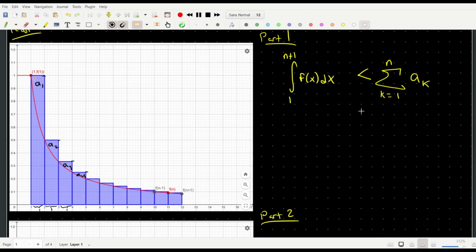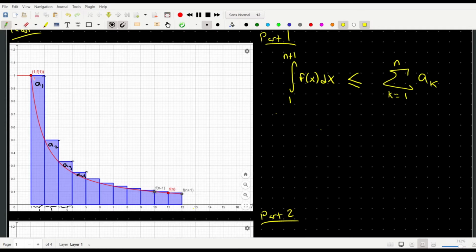So this is an inequality that's essentially at the heart of this proof. This summation of all these rectangles will always be greater than or equal to this integral. And this is very clearly seen here from this picture.